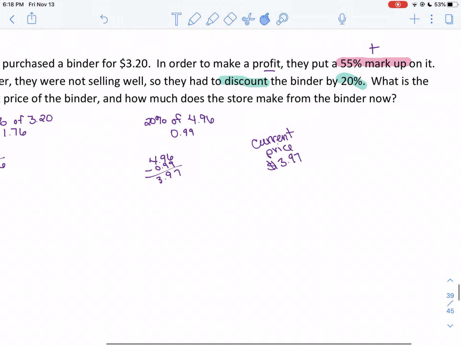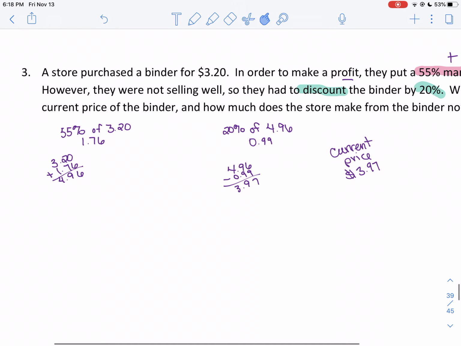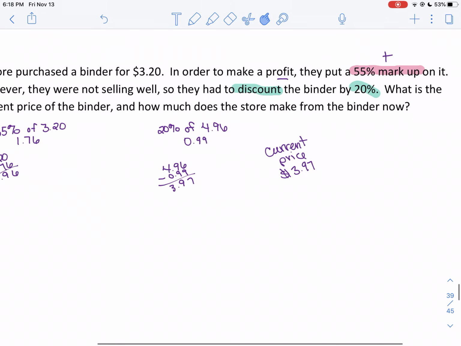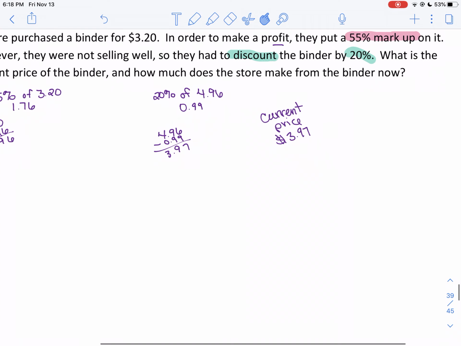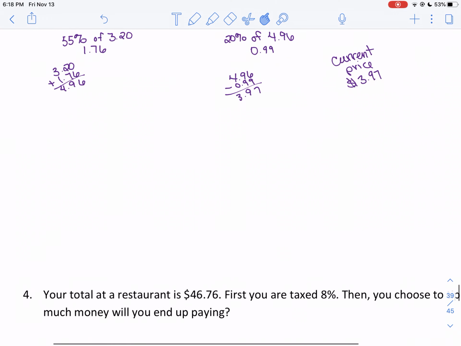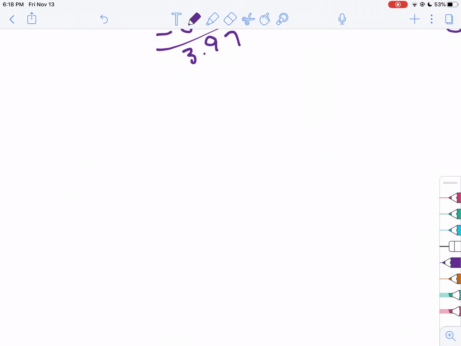Okay, but then also, we had two questions. What were our questions that it was asking? What is the current price of the binder? Okay, we answered that question. How much does the store make from the binder now? So we have to figure out how much the store is making. All right, so they're buying it for $3.20, and their current price is $3.97. So we have to do $3.97 minus the $3.20.